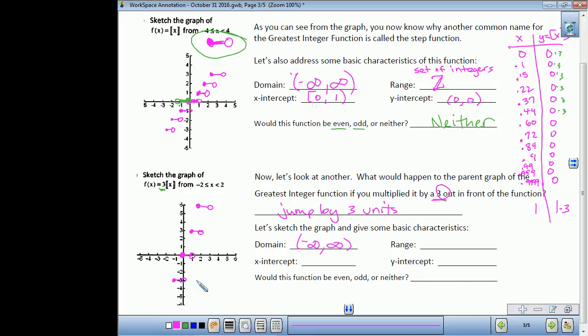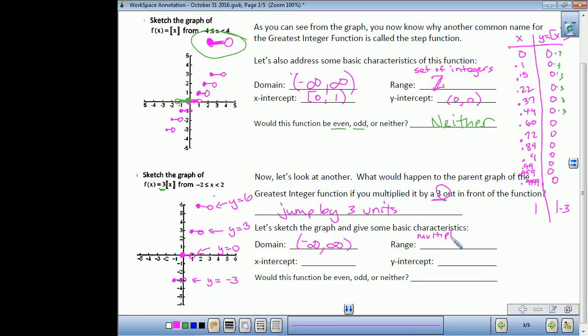This time, do you guys see that right here, these have a y value of -3, and that little segment has a y value of 0, and this little segment has a y value of +3, and this little segment has a y value of +6. So what are my y values? What is my output? It's multiples of 3.